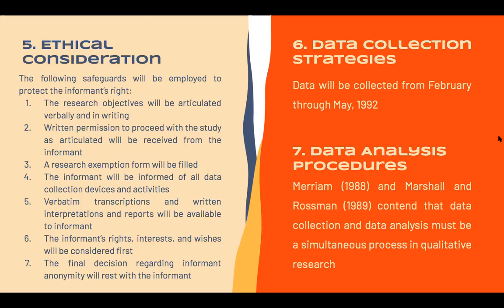Then the sixth one is the data collection strategies, in which the data will be collected from February through May in 1992. And then the next one is data analysis procedures. According to Merriam and Marshall and Rossman, data collection and data analysis must be a simultaneous process in qualitative research.